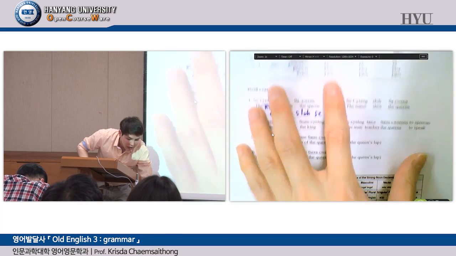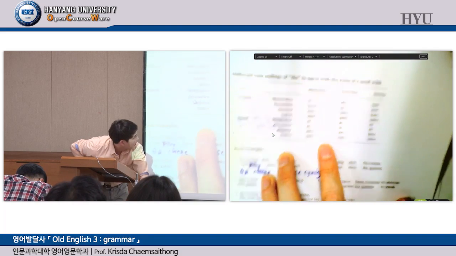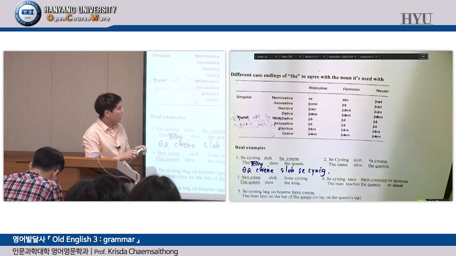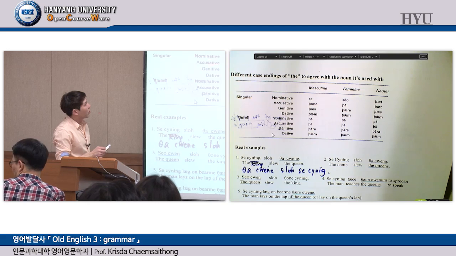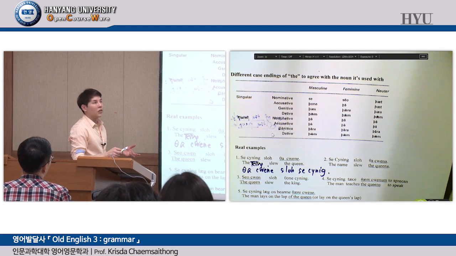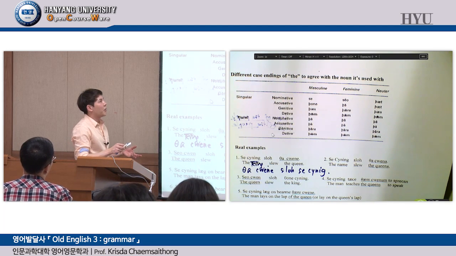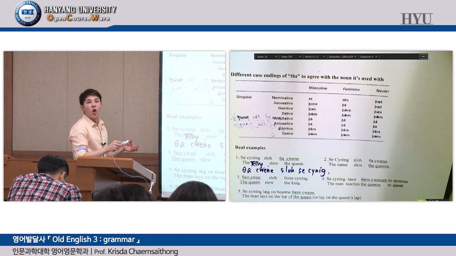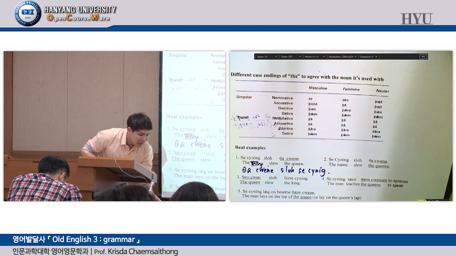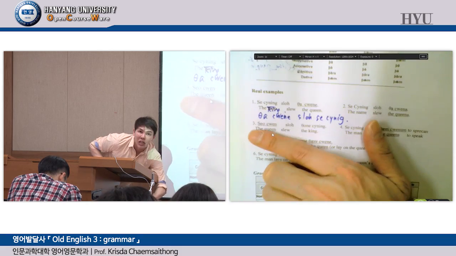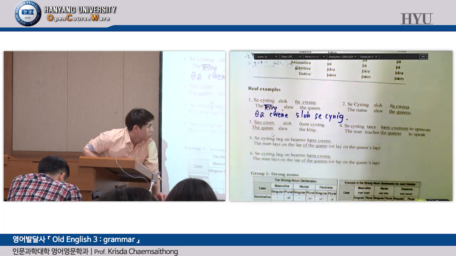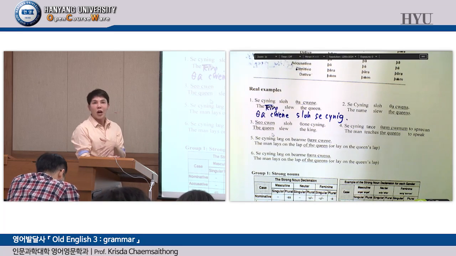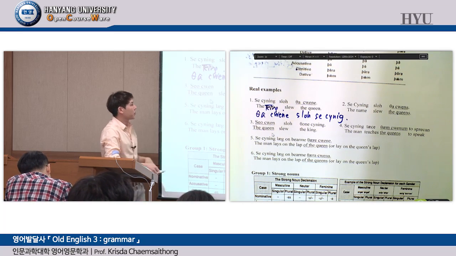Now you have to look at this table and look at "seo." What case is "seo"? Feminine nominative. Now you know that it's the subject because of "seo." So without the modern English translation, you should be able to tell by looking at the table whether it's the subject, the object, or other things.